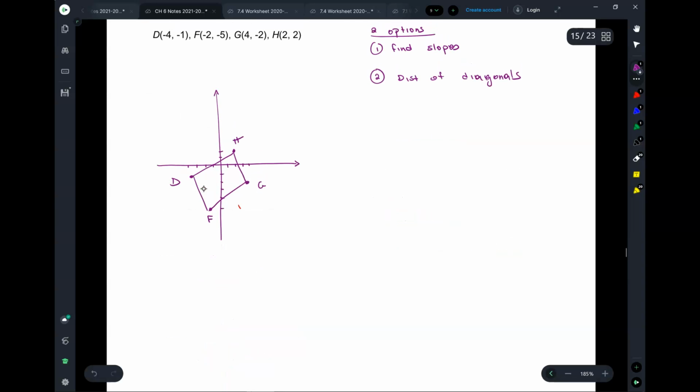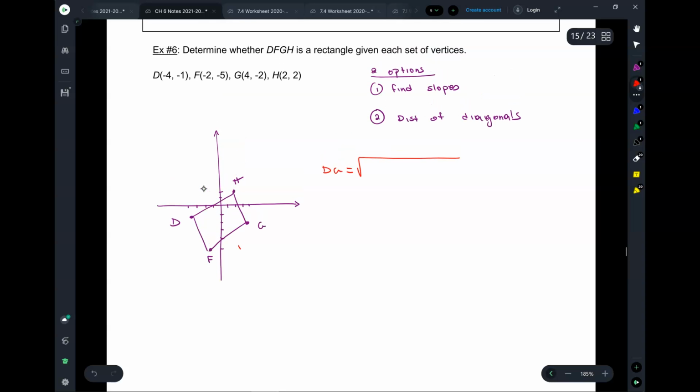So what I want to do is find DG. Let me do it in different colors. Let's find distance DG, okay? So that's going to be the square root of, okay, so D and G. Even at this age, when I do this, I like to mark them because sometimes we get distracted and confused, right?